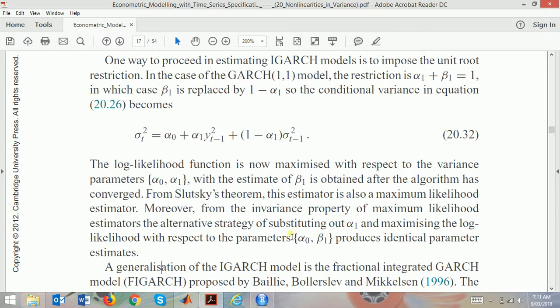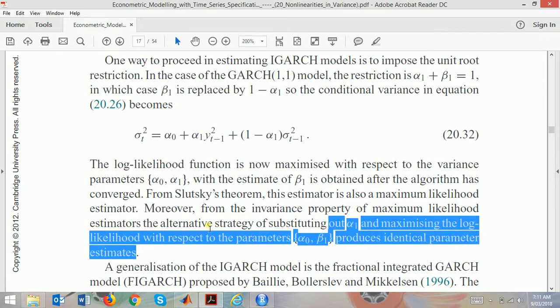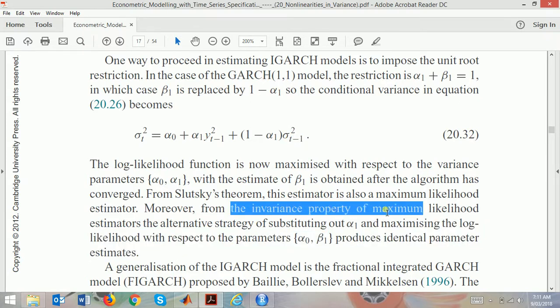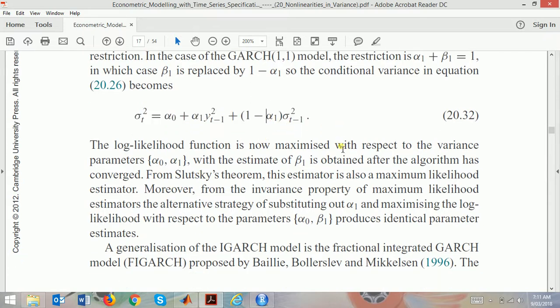So basically, estimating with respect to beta 1 will give me the same results from the invariance property. So I can estimate the model with 1 minus alpha 1 and replace back to beta 1 from Slutsky's theorem. It is the same thing from the invariance property. If I just maximize directly without beta 1, that is also fine.